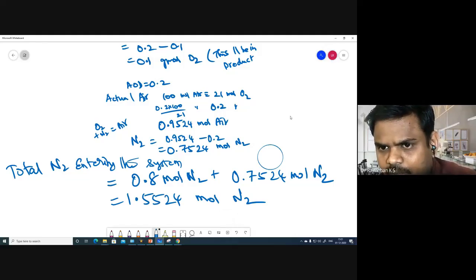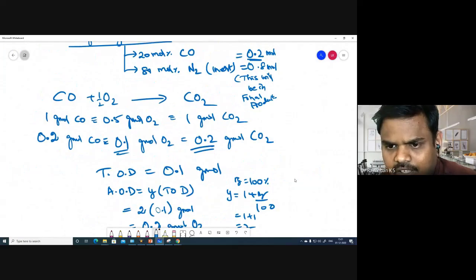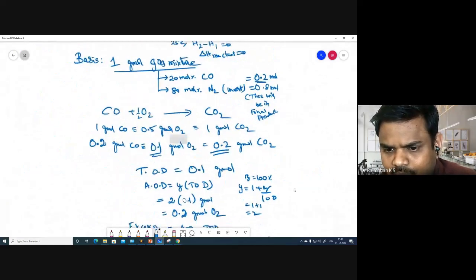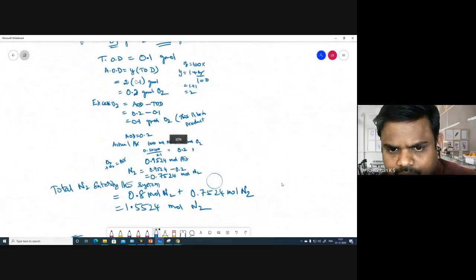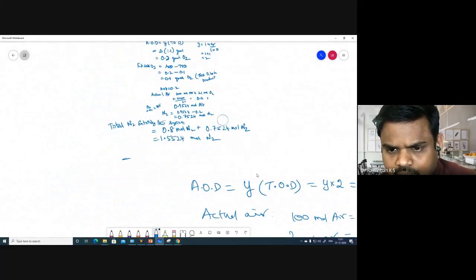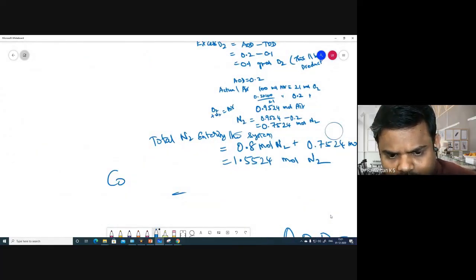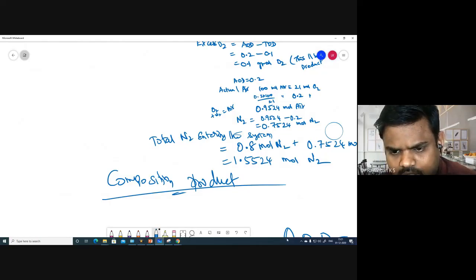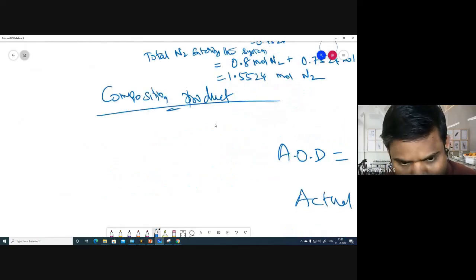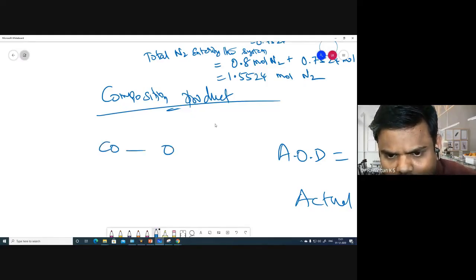Okay, so here also we are assuming complete combustion. So what is the composition of the product? The composition of the product is the flue gas analysis. So what are the products we have? Do we have any reactant? No. Complete combustion, no reactant. So CO is 0.